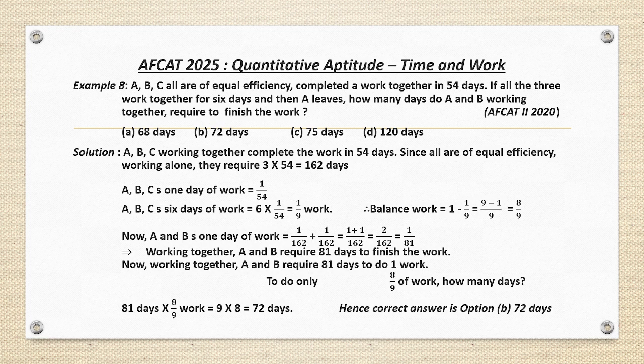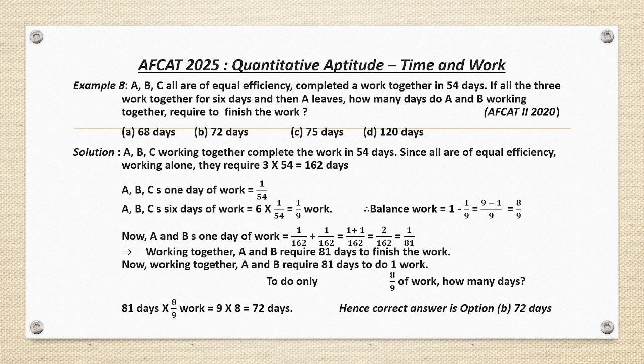Now A and B together, how many days do they require to finish this 8 by 9th work? And we know A and B's individual capacity, it is 162. So their 1 day of work will be 1 by 162 plus 1 by 162, which is equal to 2 by 162, which is further equal to 1 by 81. So working together, they require 81 days to finish a work, right?